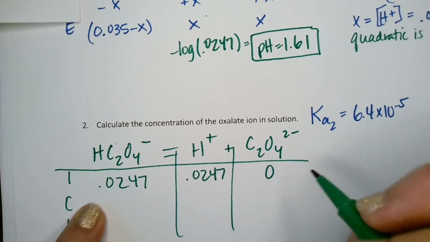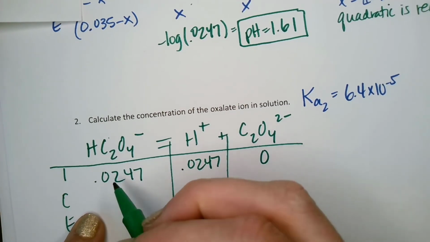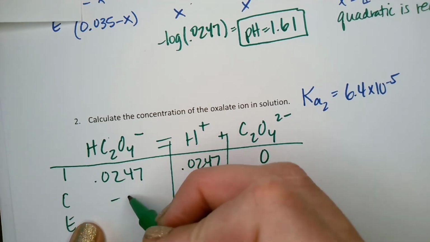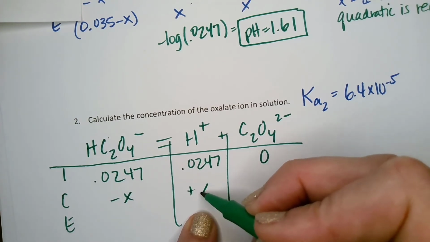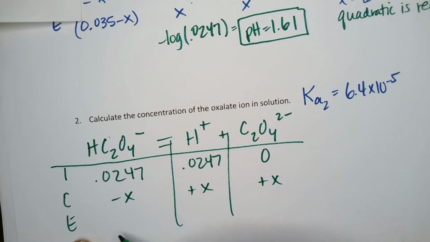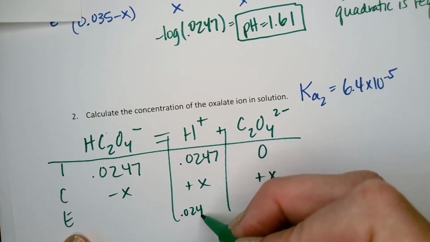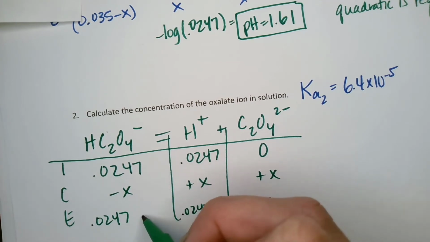Initially, I don't have any of my oxalate ion. And obviously, we lose our reactant and gain product. So at equilibrium, we're going to have x, 0.0247 plus x, and 0.0247 minus x.